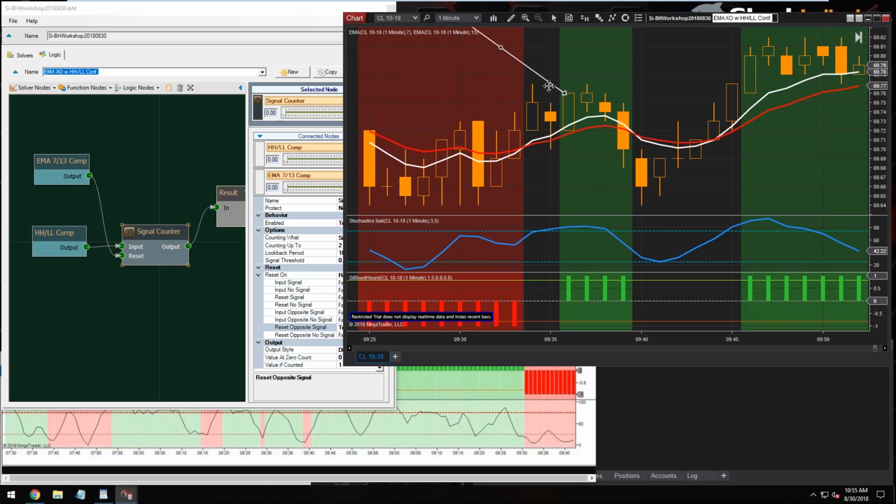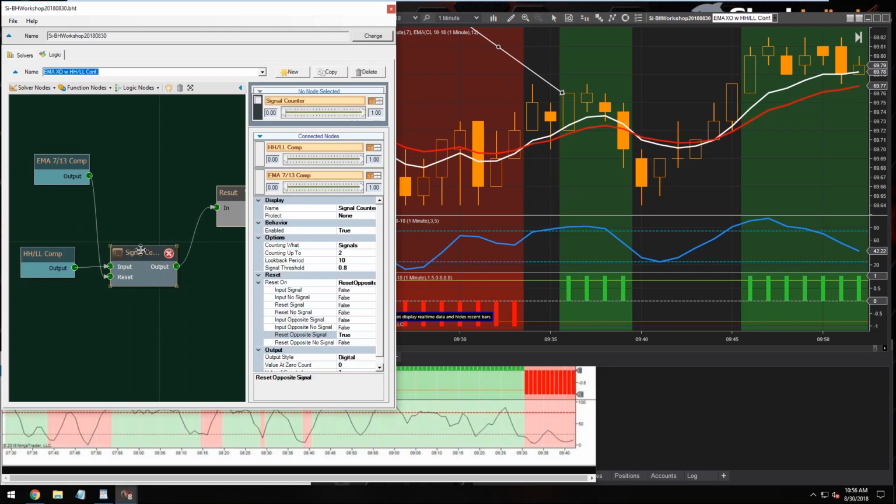But the next bar has a higher high from the previous bar. So there's our second higher high there. And we're getting a long output, right? Confirming the second higher high after the crossover. So far, so good.